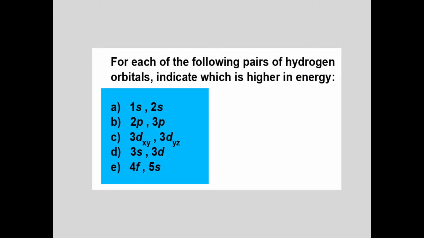So this one I just nak highlight untuk C. Okay, 3dx dengan 3dy. Okay, what's the difference between 3dx dengan 3dy? Z. Yes, kalau you tengok, hari tu kita lukis kan?